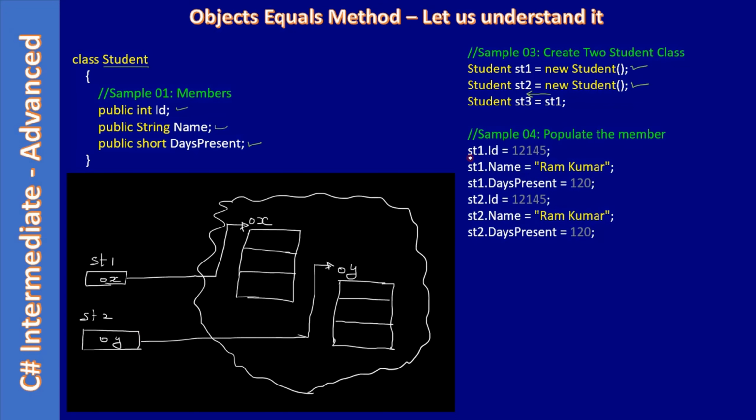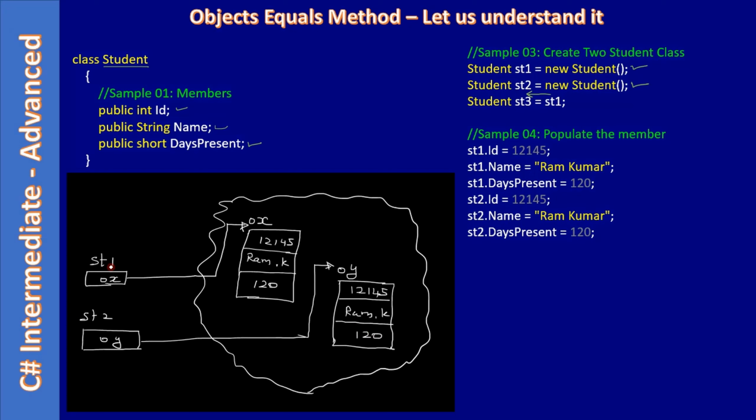Next, for st1 we are assigning the values: ID is 12145, name Ramkumar, and number of days present 120. The second object is exactly the same as the previous one. Read it as Ramkumar; here I am just putting ram.k.